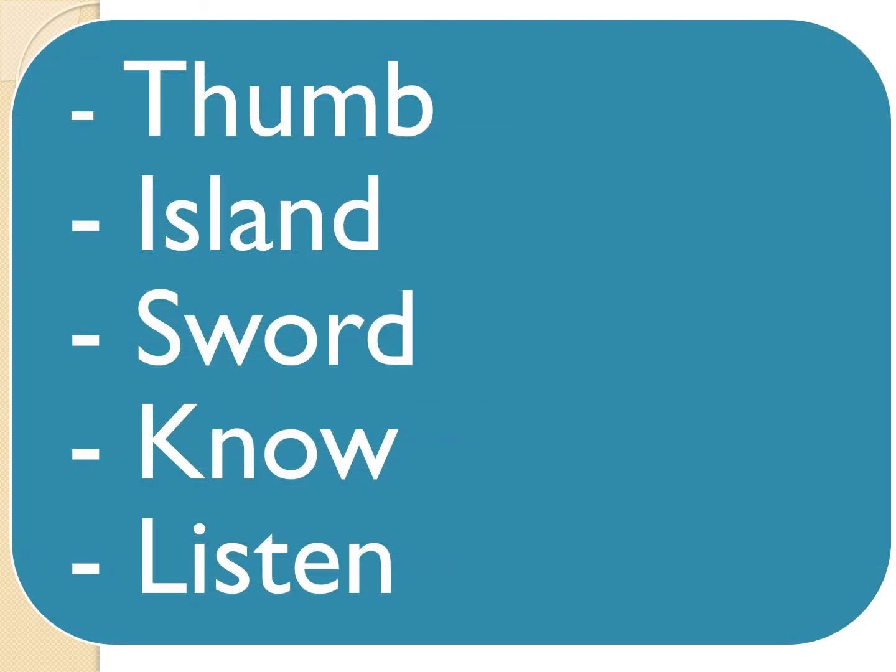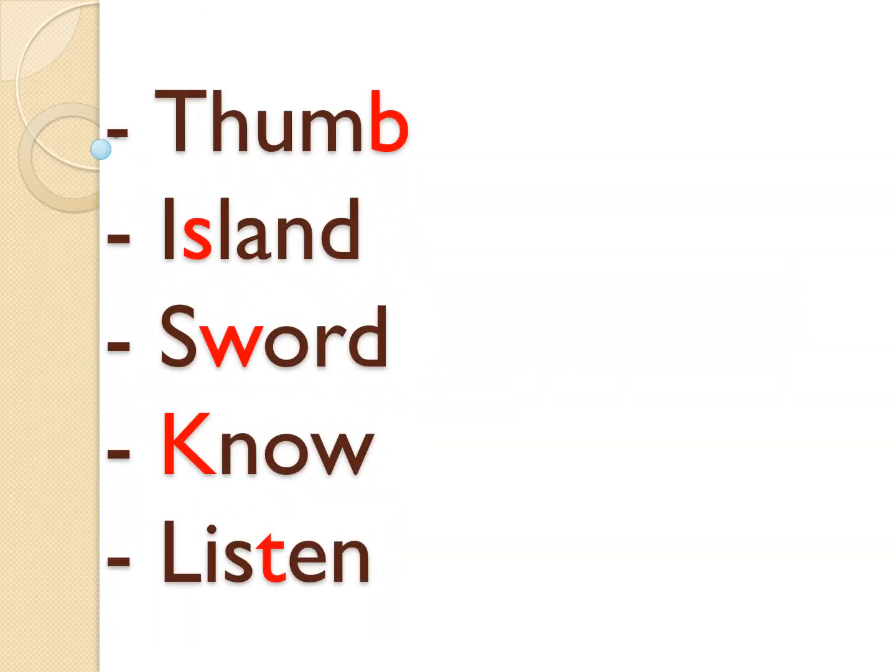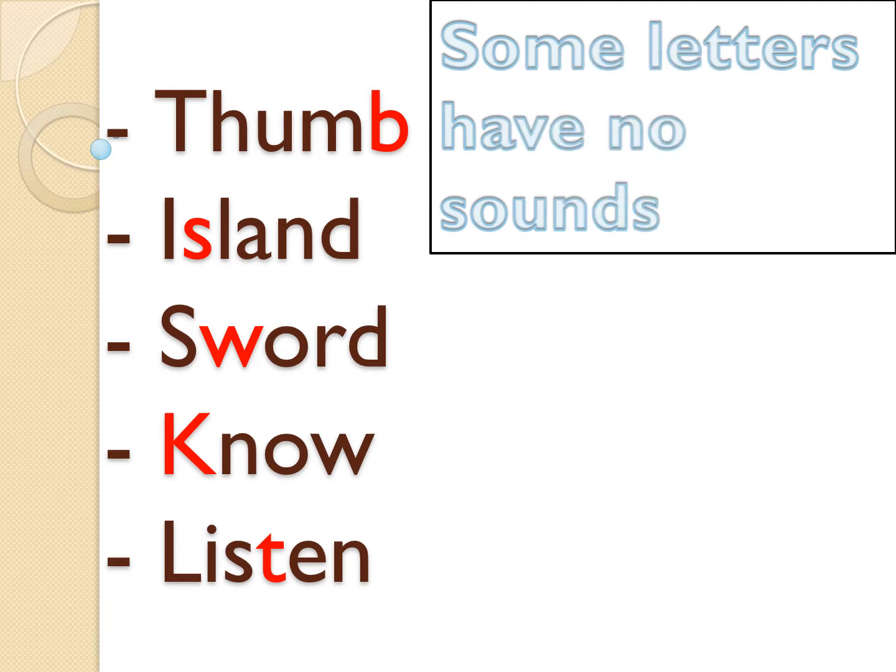Another list. You can read. Now, focus on the letters in red. What is common between these letters? Thumb, island, sword, no, listen. So, what do we notice? Some letters have no sounds.